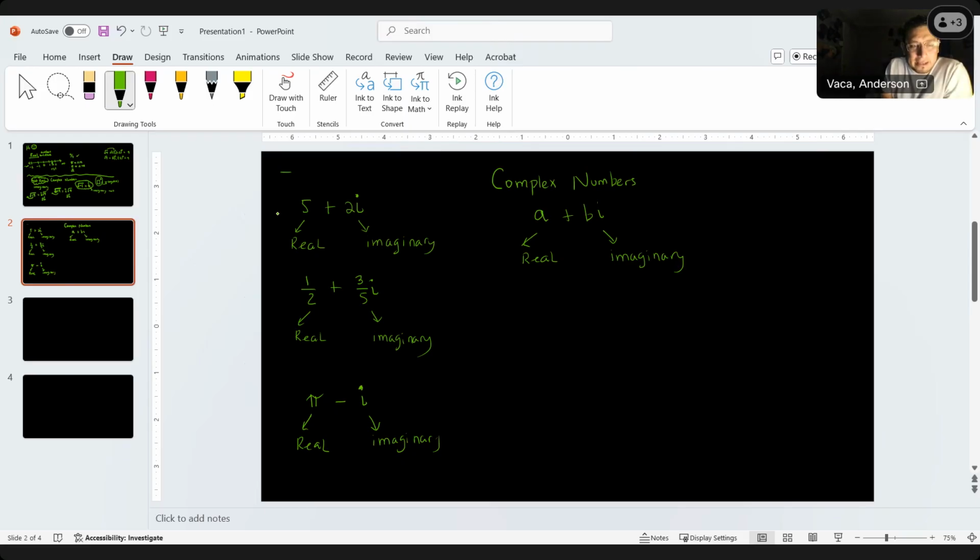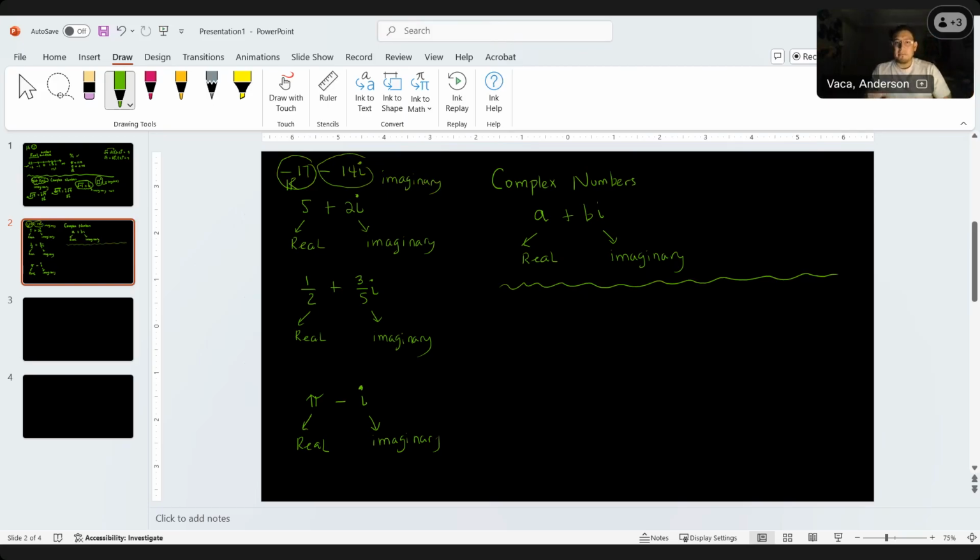So negative 17 minus 14i. There we go. That's the real part, and this is the imaginary part. So every complex number is made up of a real and imaginary part.